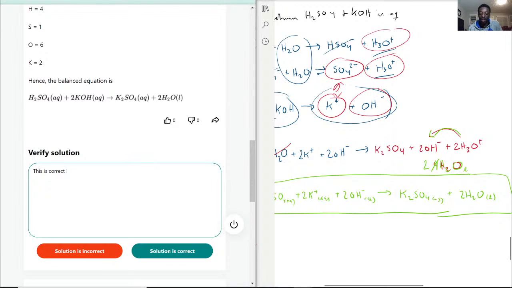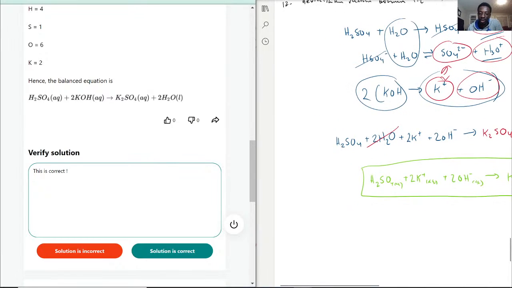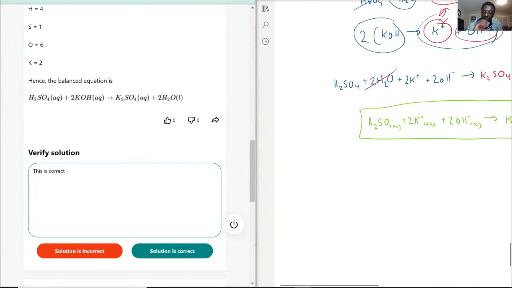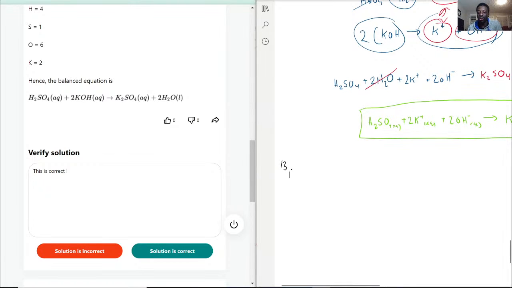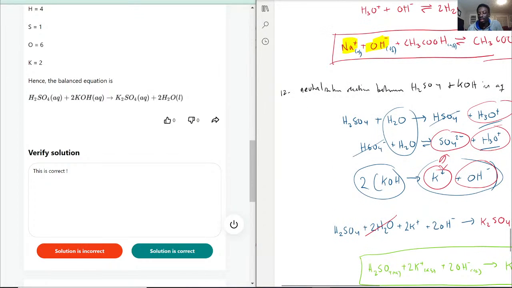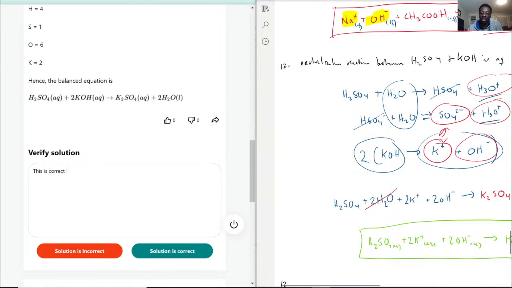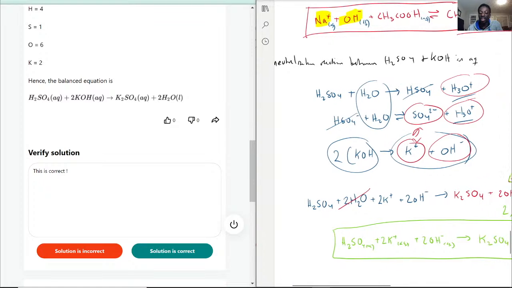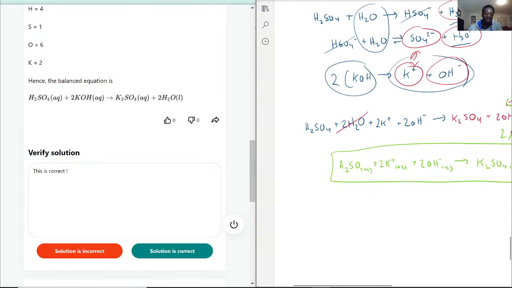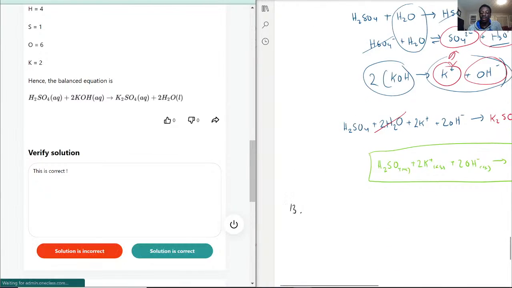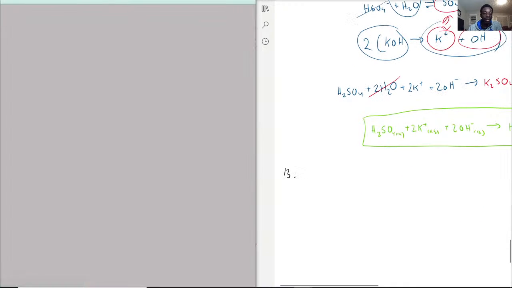And the only reason why I wrote the K and the OH separately, just because for strong bases, they dissociate completely. So that would be theoretically what would be in the solution. We have potassium ions and hydroxide ions. And then technically would have HSO4 ions and H3O, but that would be a little bit complicated. So question number 13.